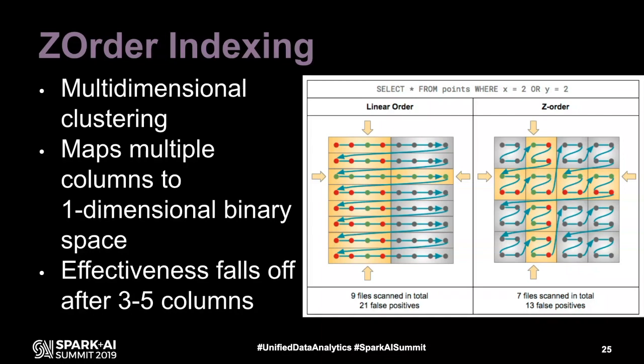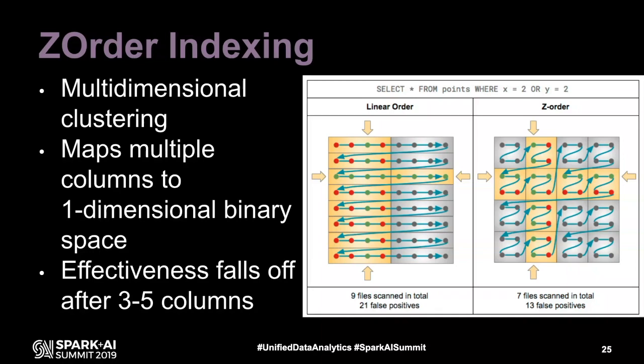Here what Z-order does is it maps the data into a binary space and then sorts it there. And what you end up getting is this natural clustering of data into what's called Z-cubes. So then rather than doing a linear row traversal, you're able to filter data in this slicing way.